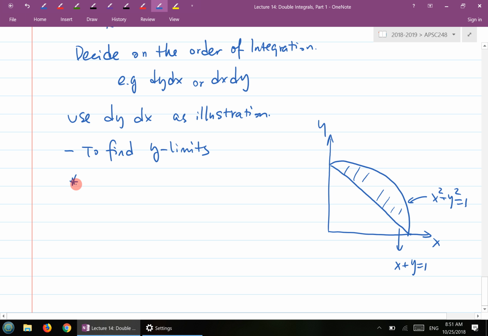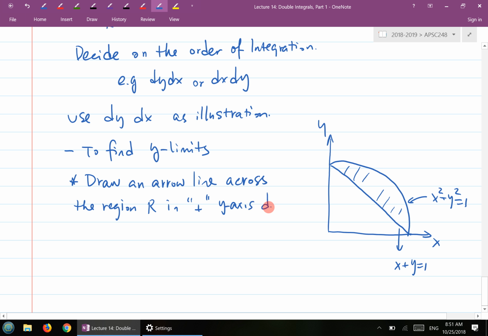First, you draw an arrow line across the region R in the positive y-axis direction. Now this is an arbitrary sketch, so basically you draw it across here, like that.